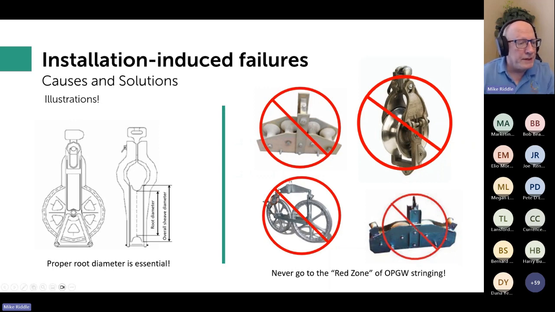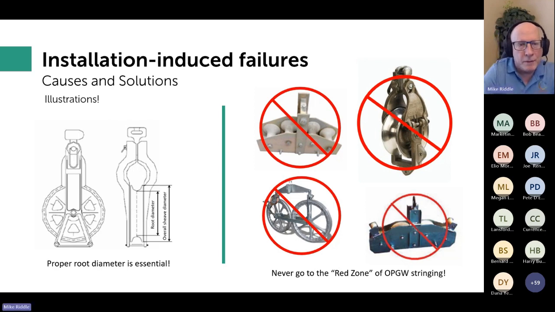I mentioned that there is an exception. The only exception is some lattice towers where you need a block to go from one side of the structure to the other side of the structure because the cable is going to go through the middle of the structure. And even in that case, the blocks on either side of the structure have to be the proper size, meaning they have to meet the minimum size requirement.